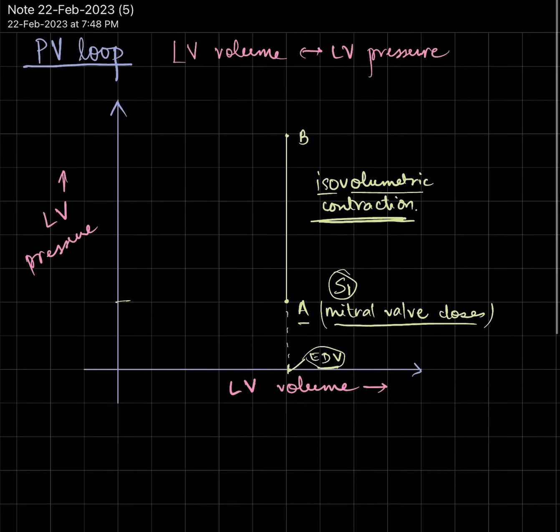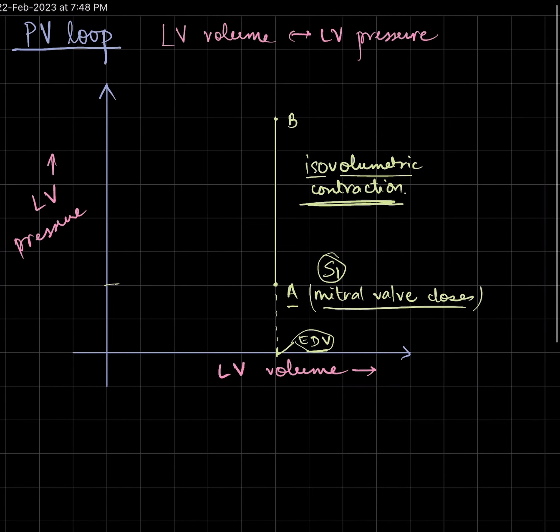When it reaches a certain point, it opens up the aortic valve. So I'm going to label point B as the point where the aortic valve opens up. Now the aortic valve opens, which means the blood is going to go out into the aorta real quick.